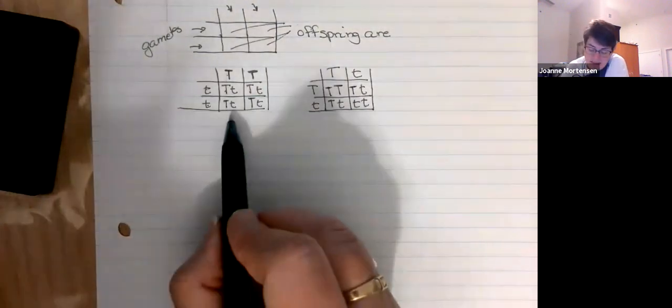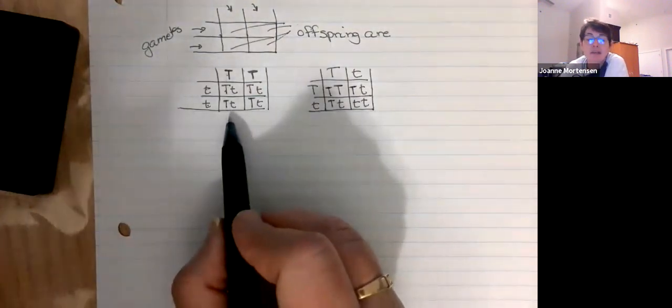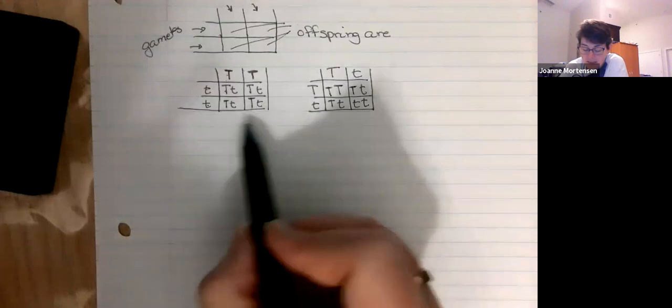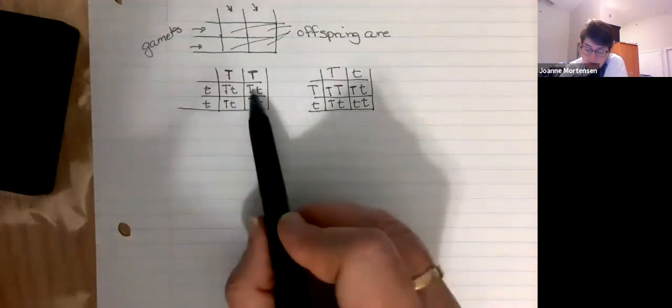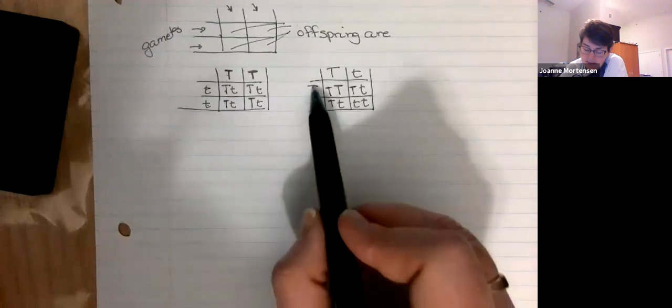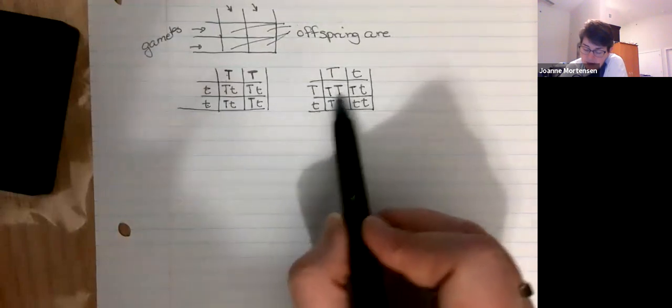So when we did this Punnett square, it really wasn't very interesting because every single one of those babies turned out to be capital T, little t. Each one of these is heterozygous. But over here, oh, look at the variety. This is kind of like taking these two and breeding them. We got a purebred, and another purebred, and a couple of hybrids.